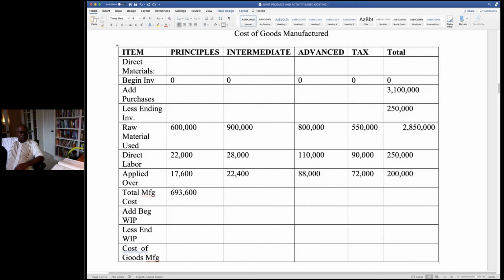For intermediate, we have 950,400. For advanced, we have 998. And then for the next one, we have 712.